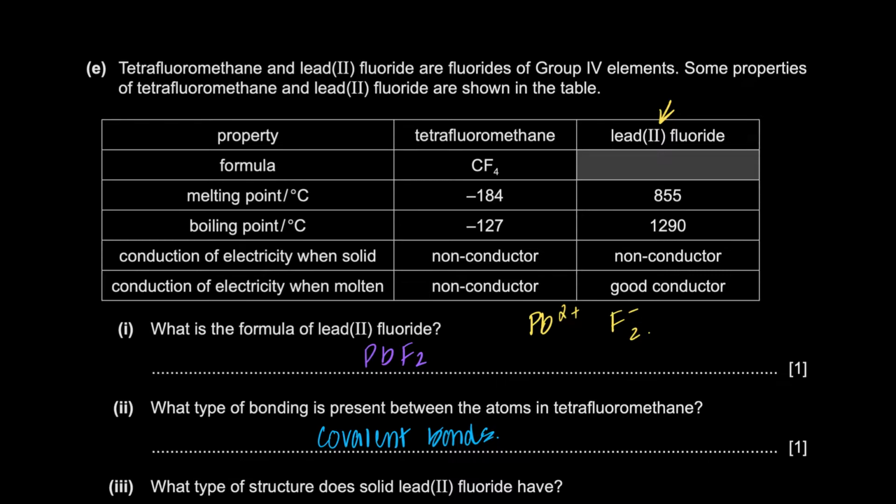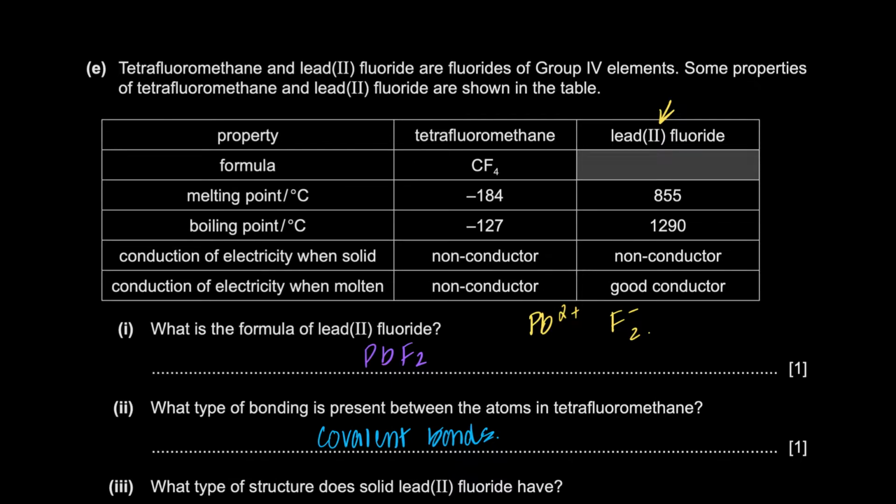The next question is asking what type of structure lead fluoride has. Well, it has very high melting and boiling point, so it could be macro, metallic even, or ionic. But it's not a good conductor of electricity, so metallic's out, but it's a good conductor when it's molten.